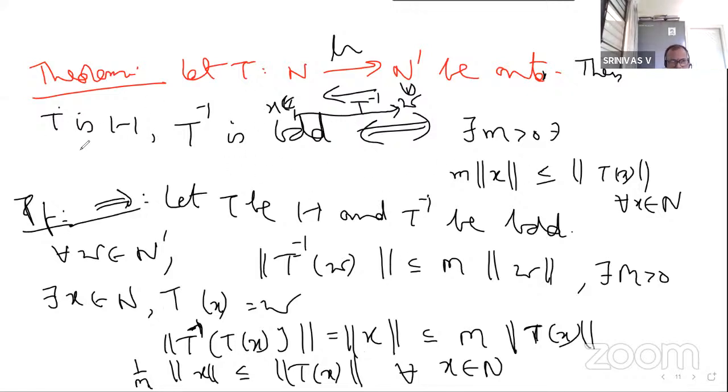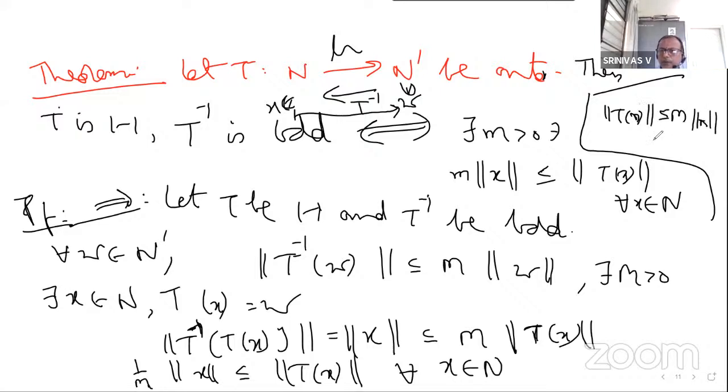This implies T is 1 to 1 and T inverse is bounded. So for linear maps which are surjections, 1 to 1ness and boundedness together give this. This is the other side of this one: norm Tx is less than or equal to big M times norm x.